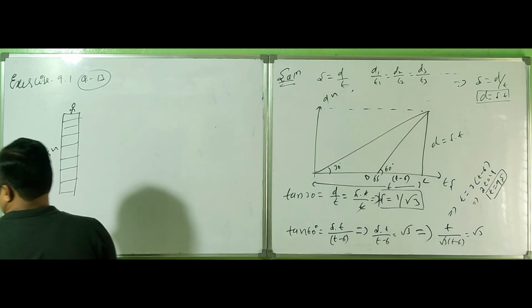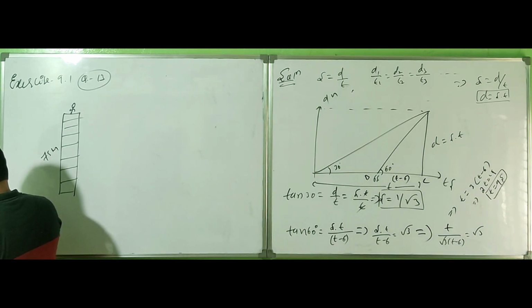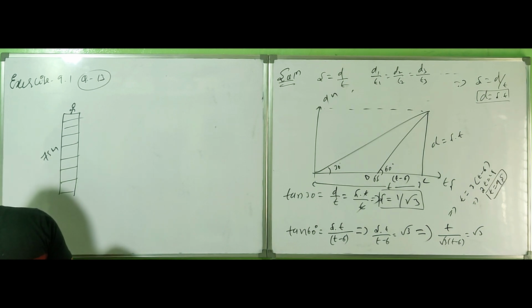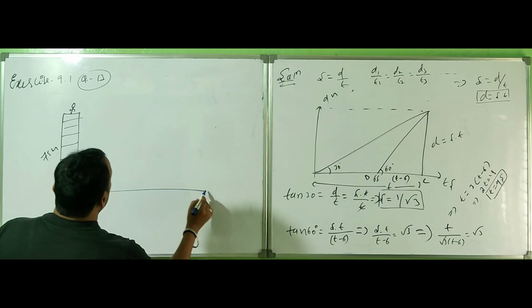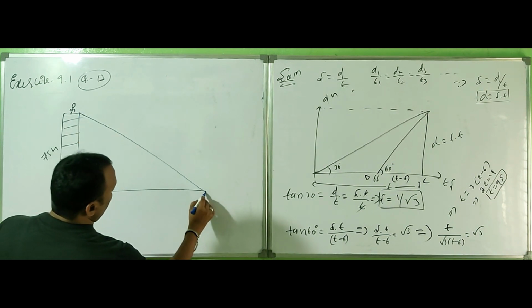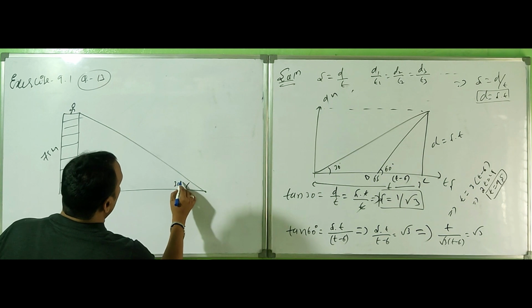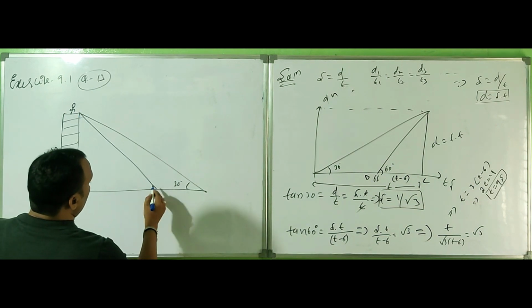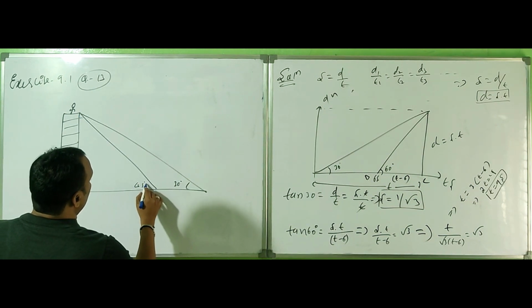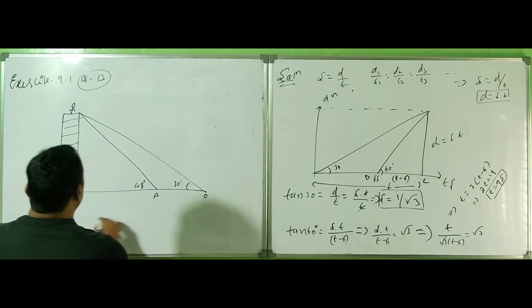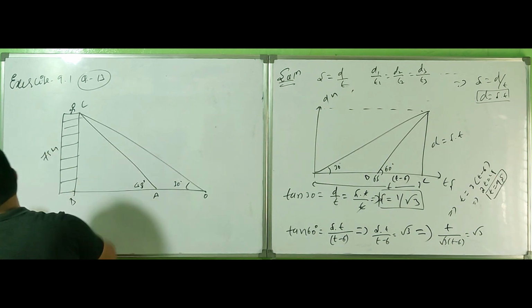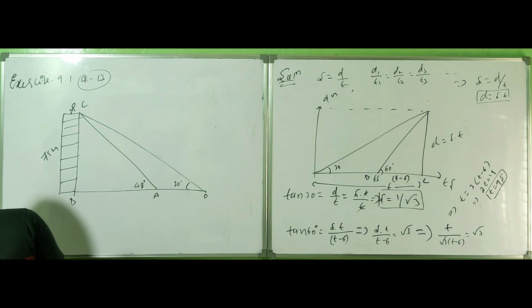The angles of depression of the ships are 30 degrees and 45 degrees from the horizontal. One is 30 degrees, another one is 45 degrees. Take the points O, A and B and point C. If the ship is exactly behind the other on the same side of the lighthouse, find the distance between the ships.